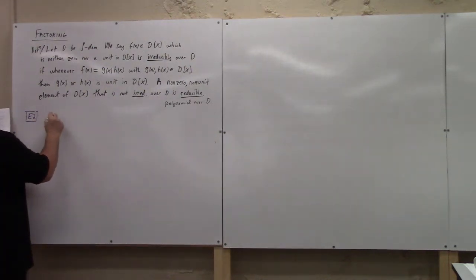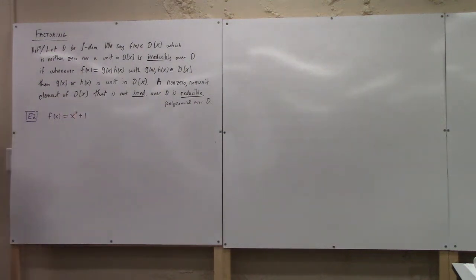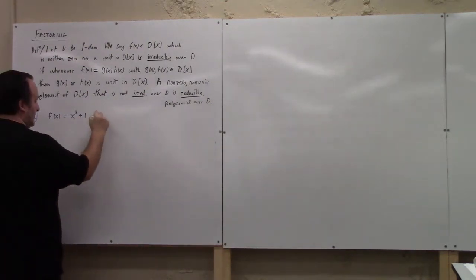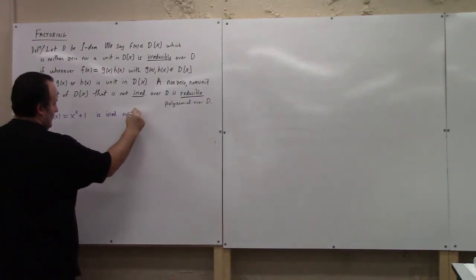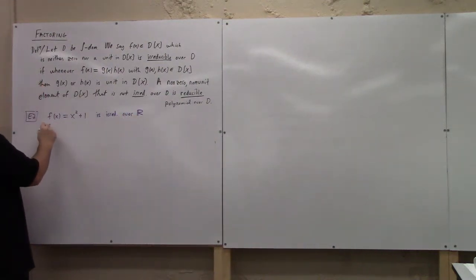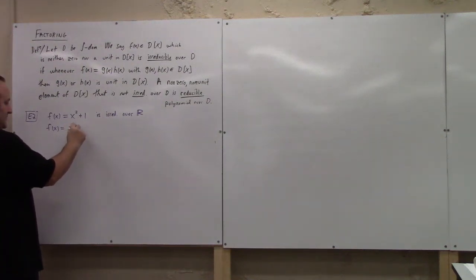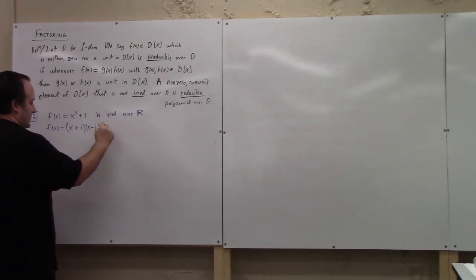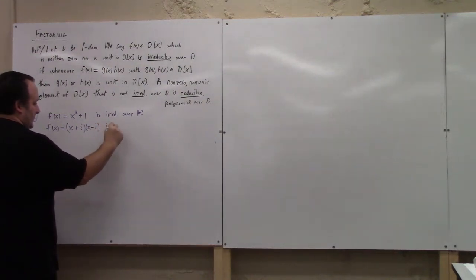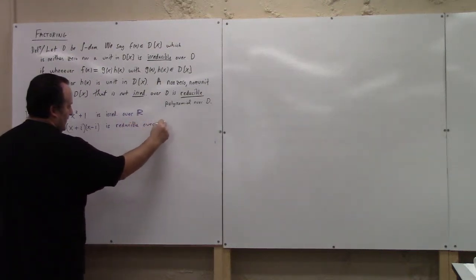So the first thing to notice about this whole discussion: x squared plus 1 is irreducible over the reals, but in contrast, f of x is x plus I times x minus I, so it is reducible over the complexes.